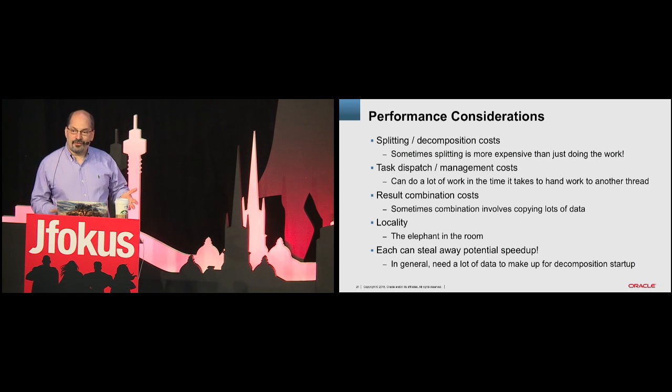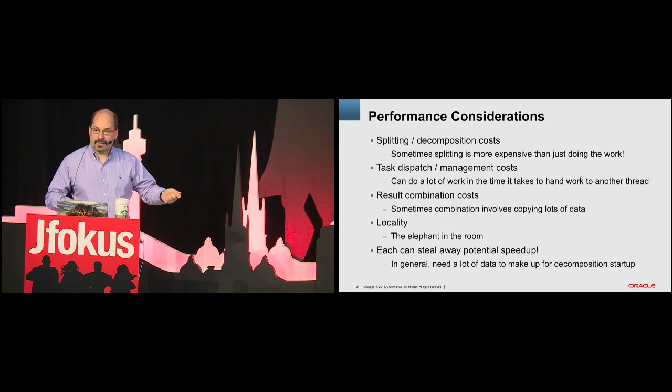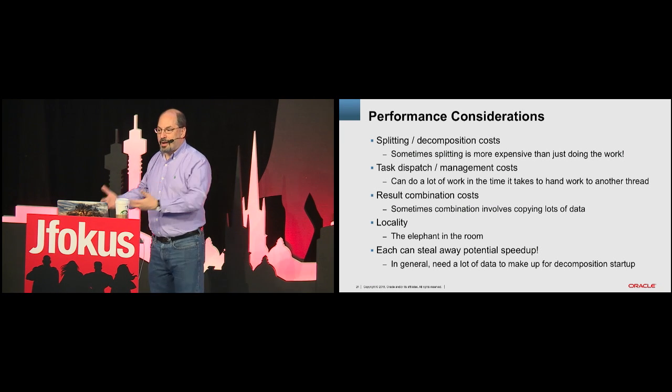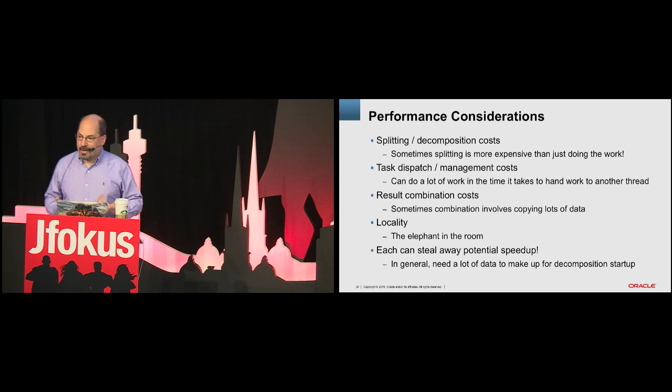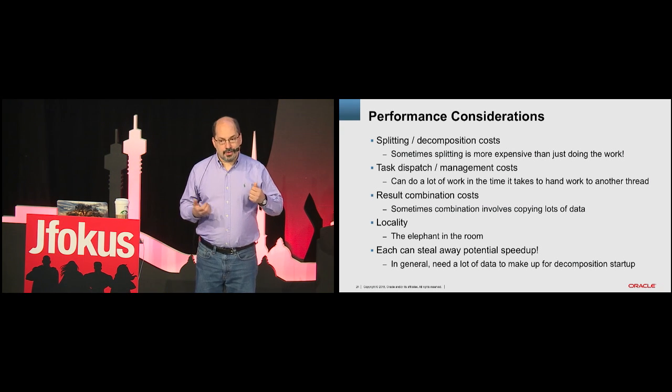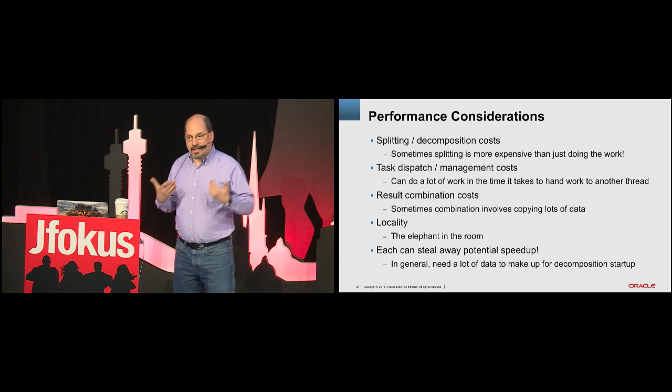How efficient is it to coordinate the tasks? This is mostly beyond the control of most parallel algorithm writers. Usually this is something that comes from the underlying runtime. Does the runtime give you an efficient primitive for handing work off to another thread? How expensive is it to combine two results? In the case of adding up numbers, combining the two results with just an addition, that's really easy.